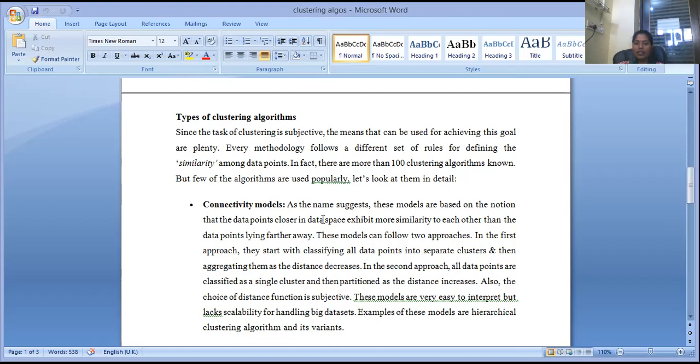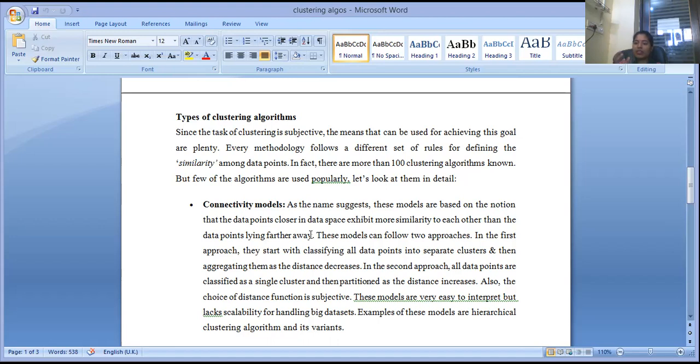as the name suggests, these models are based on the notion that data points closer in data space exhibit more similarity to each other than data points further away. In the second approach, the data points are classified as a single cluster and then partitioned as the distance increases, isn't it?